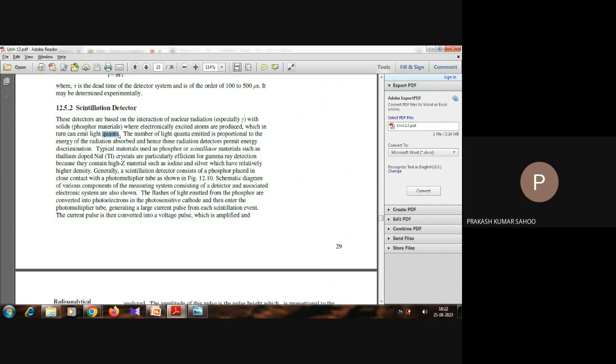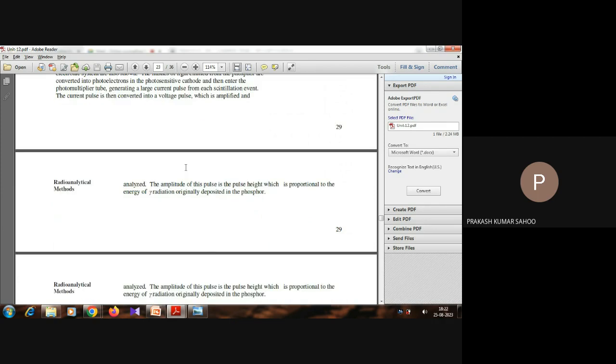The number of light quanta emitted is proportional to the energy of the radiation absorbed, which is related to Planck's law, E equal to h nu. This is the equation for the quanta concept.